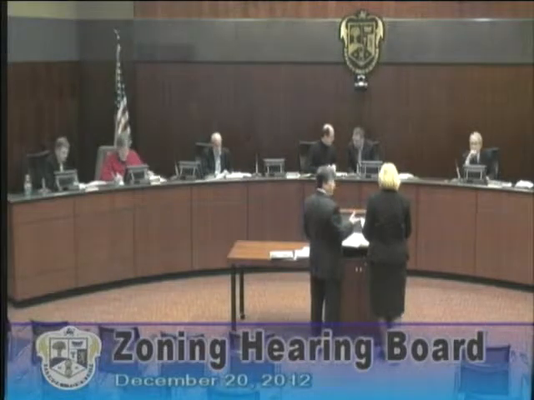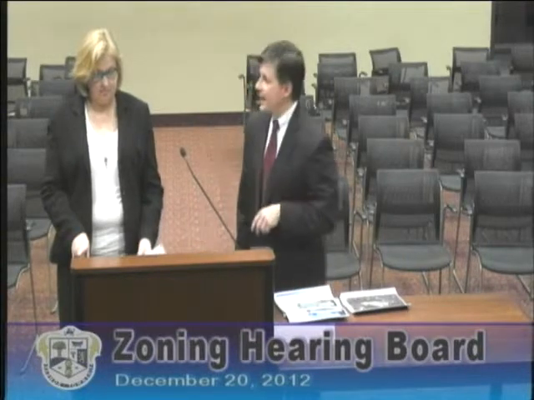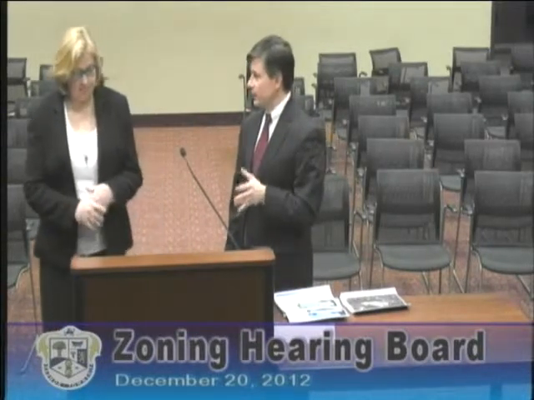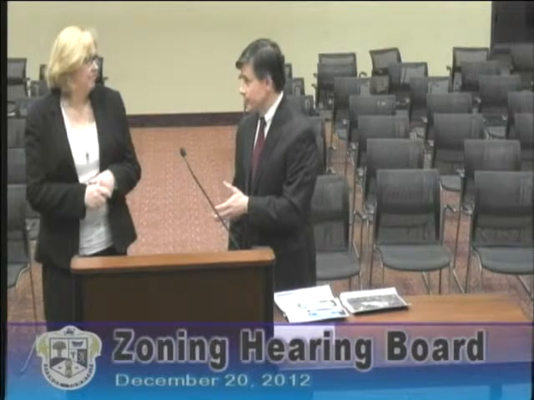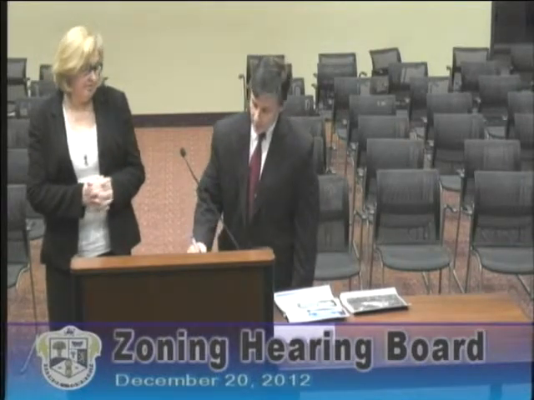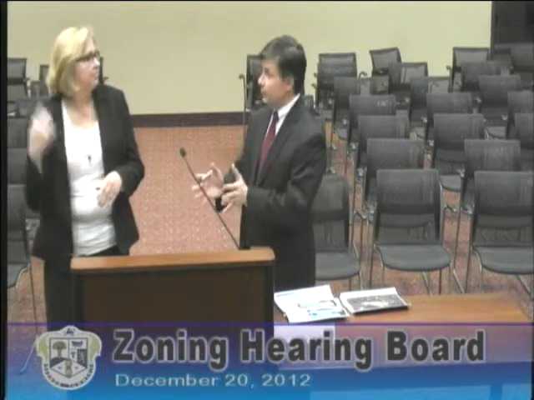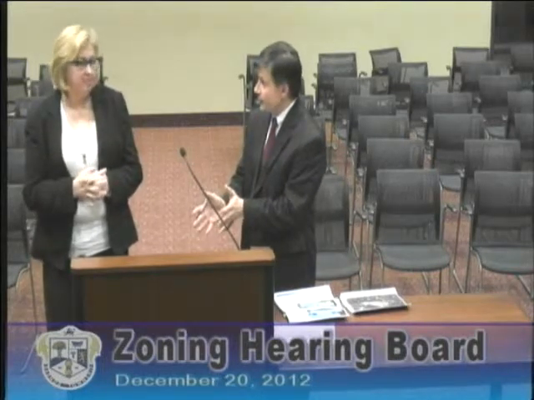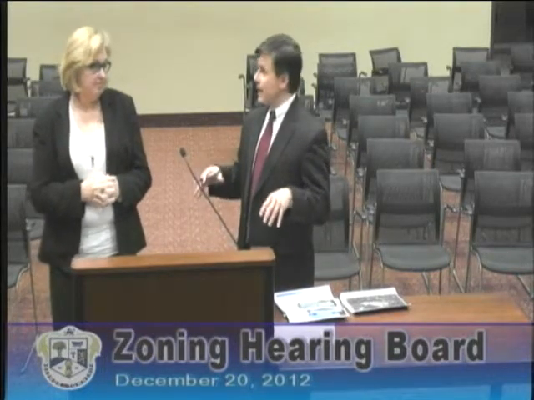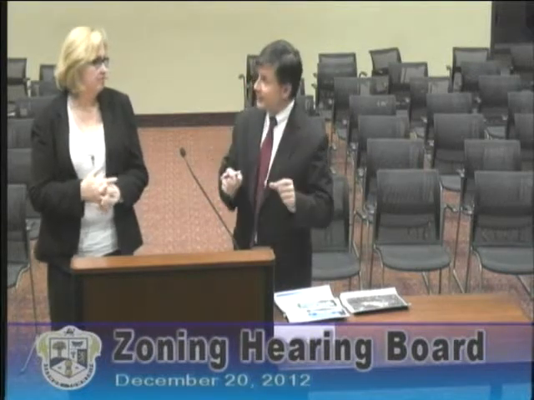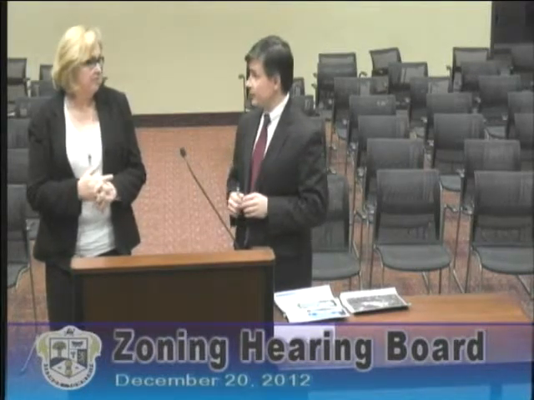So the current sign faces into the parking lot, correct? Correct. Now, have the patients had some difficulty in finding the facility? Yes, they have. Okay. Now, you do have existing signage for the store, as you mentioned. You have a sign on the front, is that correct? Yes. Okay. And do you have some space on the existing freestanding signs?